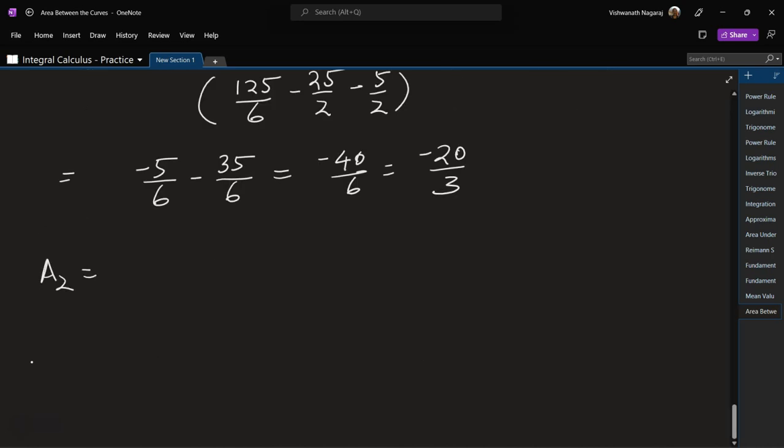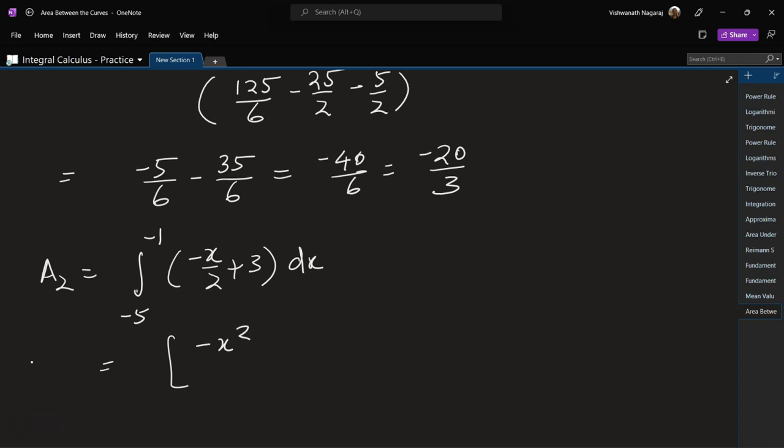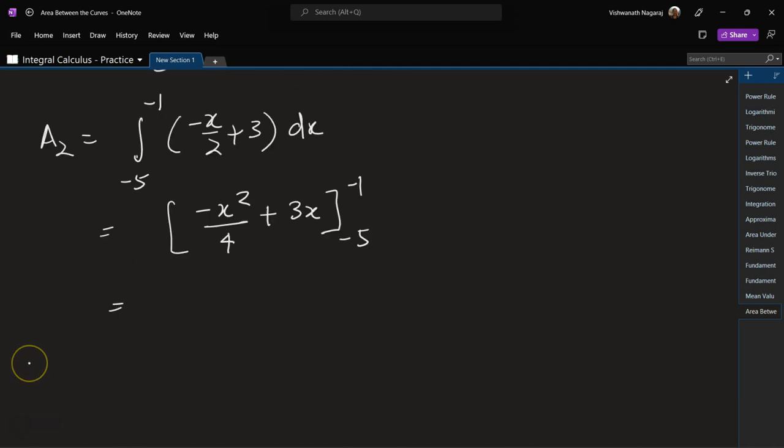Now area 2 would be the integral from minus 5 to minus 1 of minus x by 2 plus 3 dx. So let's evaluate the integral. Minus x square by 2, 2 is already there, so 4, plus 3x from minus 5 to minus 1. So this would be minus 1 by 4 minus 3.